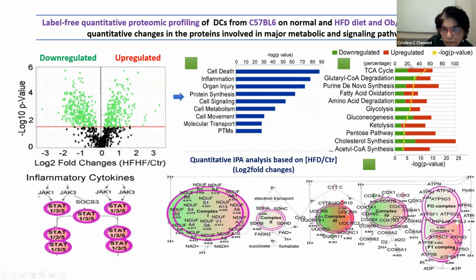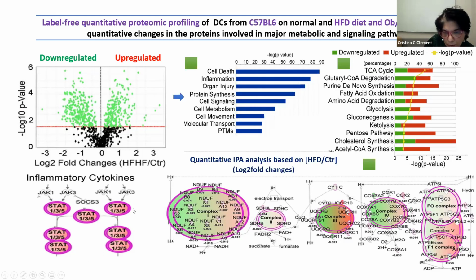Here I'm just showing a very fast EPA readout in which quantitative analysis shows the oxidative metabolism proteome from different pathways involving TCA cycle, amino acid degradation, glycolysis, gluconeogenesis, and metabolic stress response, all of them upregulated in OB, HF mice as compared with control, and a differential effect on the mitochondrial respiratory chain, in addition to an increase in the inflammatory cytokines.